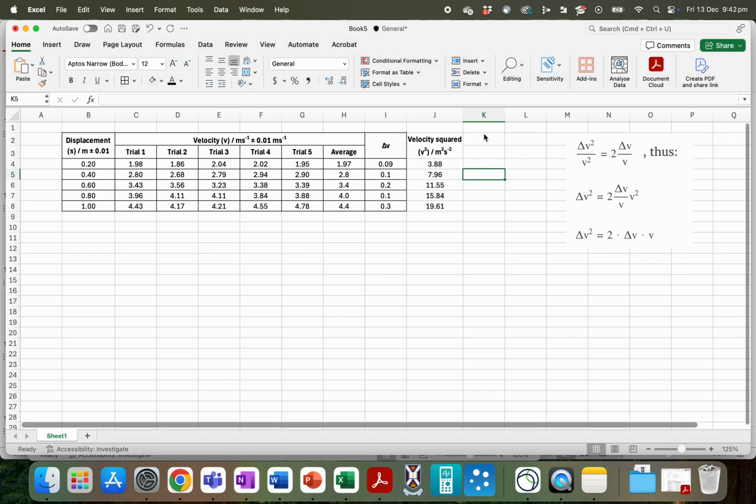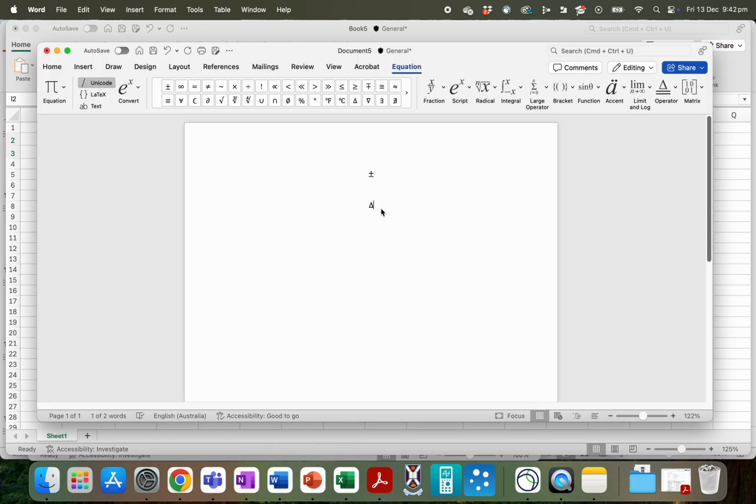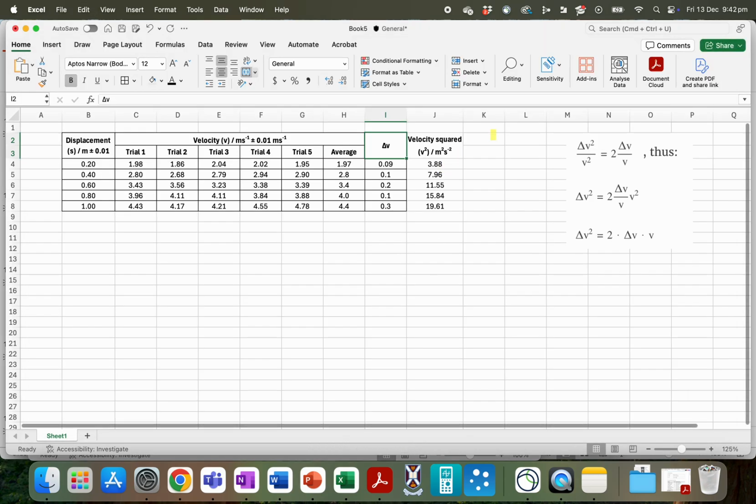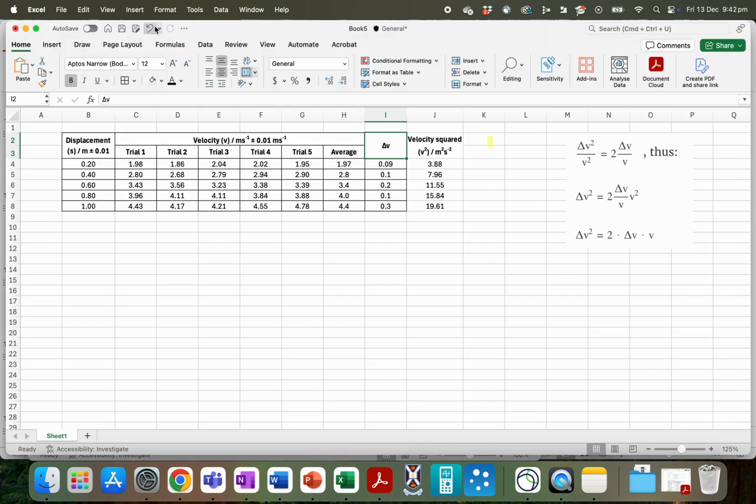Okay, so we'll need to actually put that in first before we merge it. Another issue could be that it's coming from a merged cell, so perhaps we'll just go back to the Word document, grab the delta symbol. Oops. Okay. Paste it. Okay, there we go.